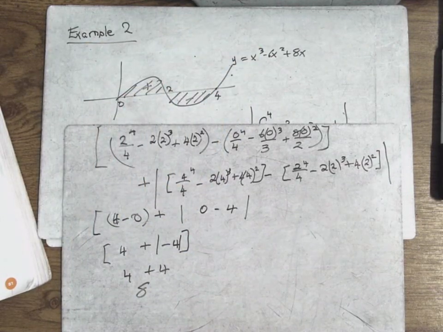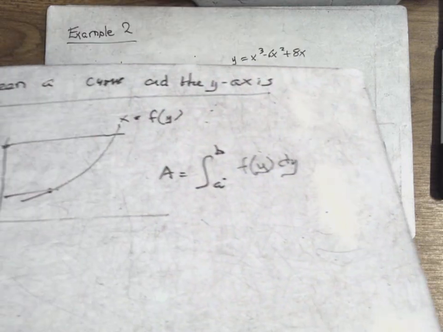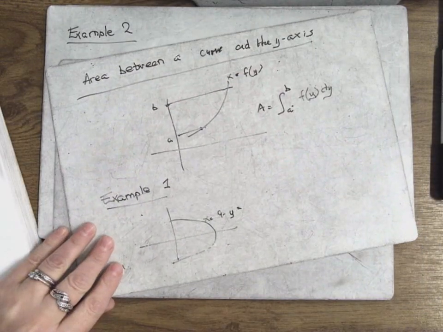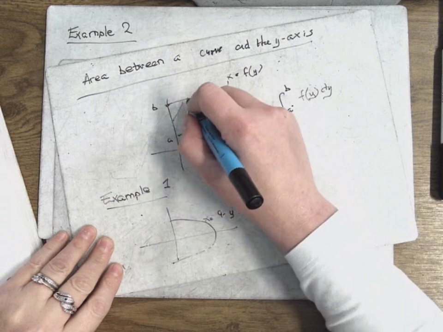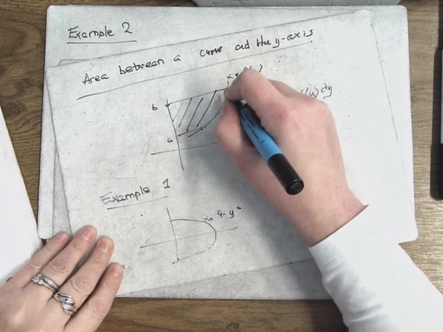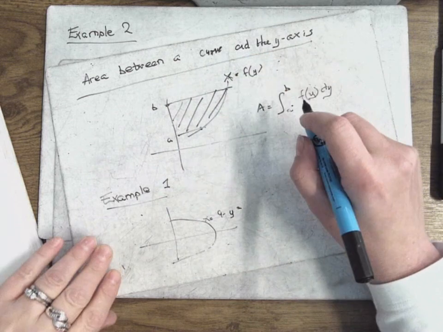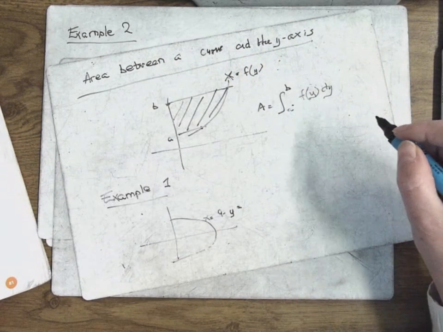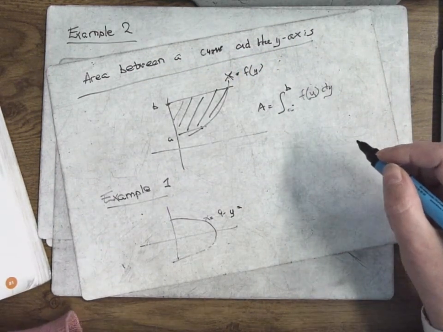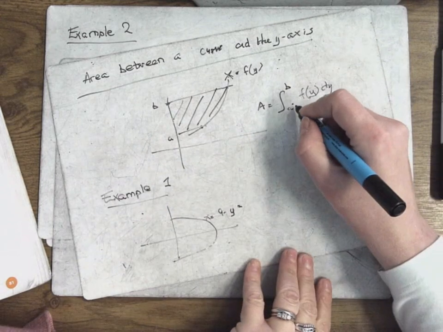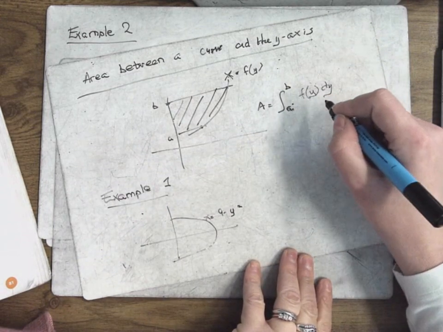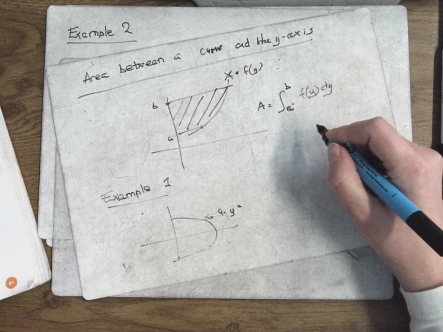If we want the area between the curve and the y-axis, instead of y equals, it has to be x equals a function of y, as in x equals all the y terms. Then you're now integrating with respect to y.